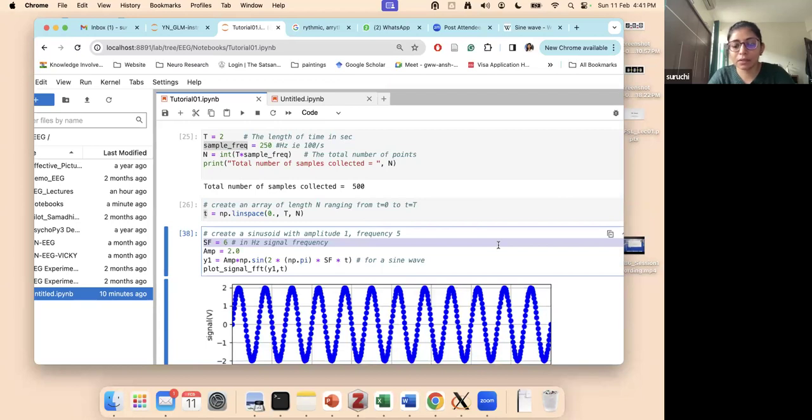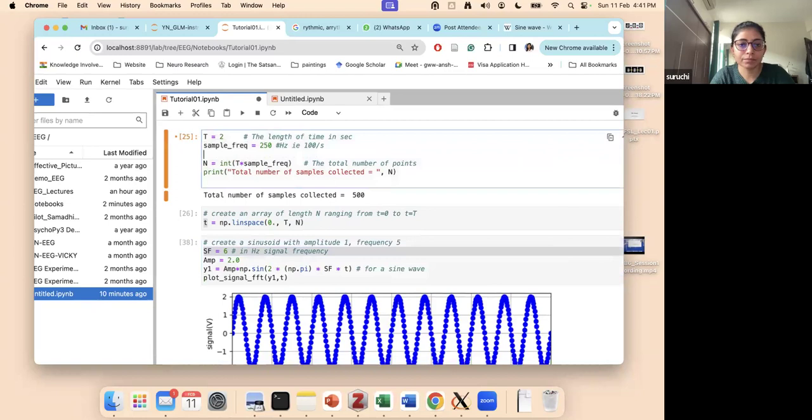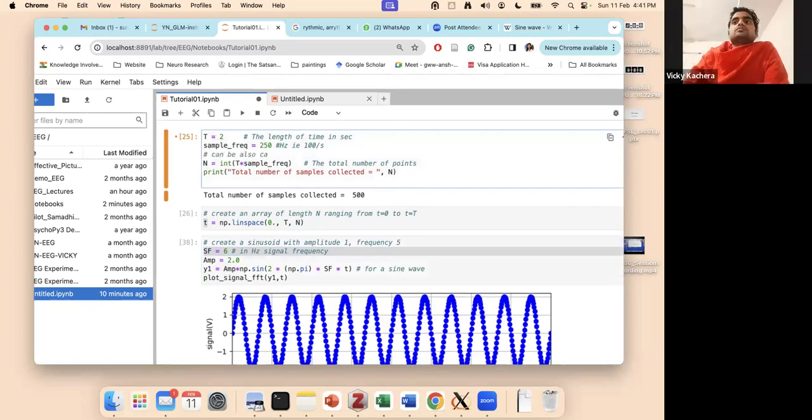In that case, if it's not a rhythmic signal, there's no signal frequency, there's no signal amplitude. It may be a very different kind of signal. But sampling frequency is related to any measurement that you did. How many times are you measuring something? That is what it is. It can also be called, how many times in 1 second?